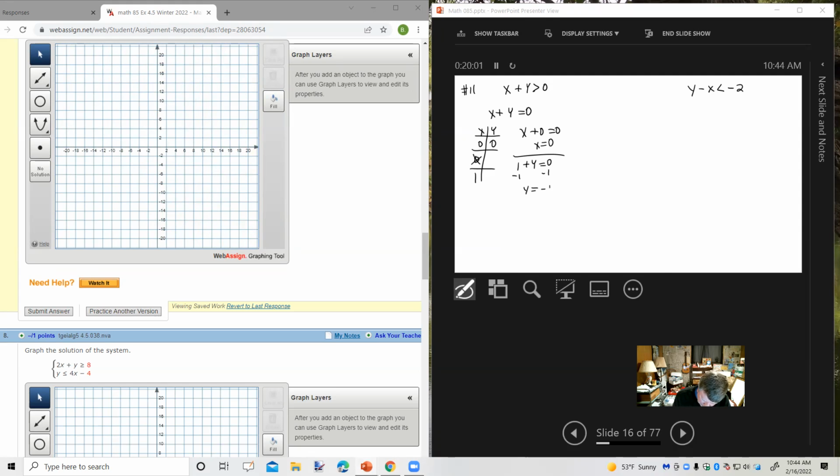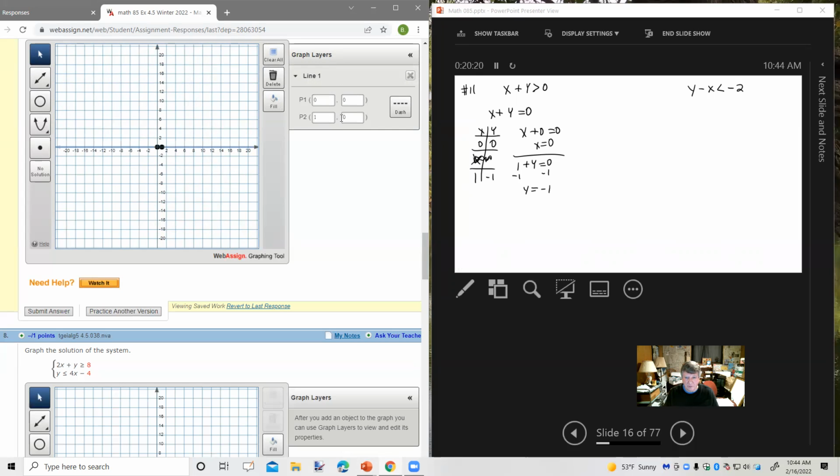Subtract 1 from both sides, y equals -1. So I've got 0, 0, and 1, -1. Didn't graph where I wanted it to, not a problem. I can come over here and fix it.